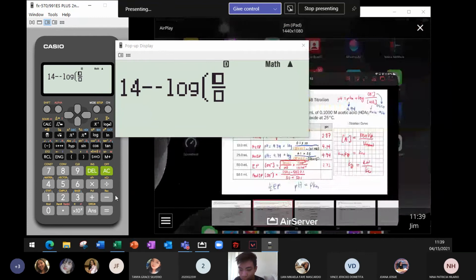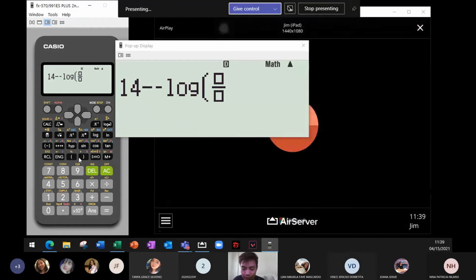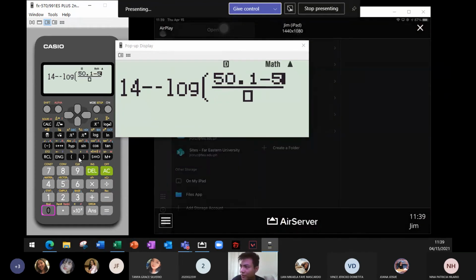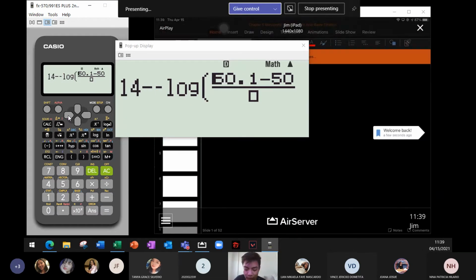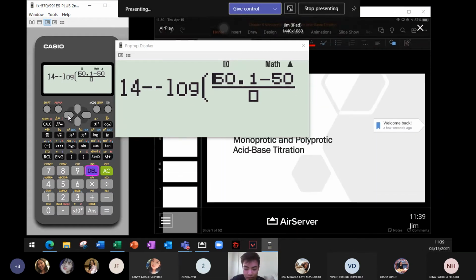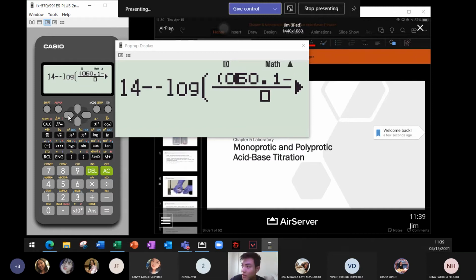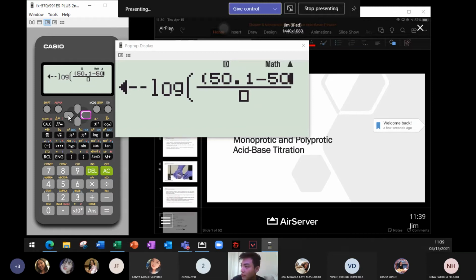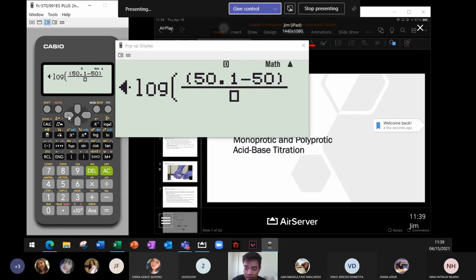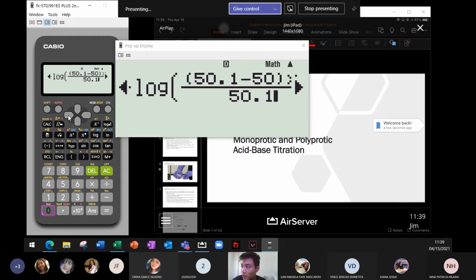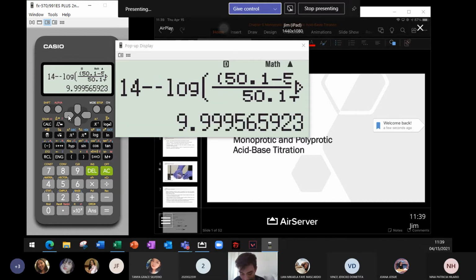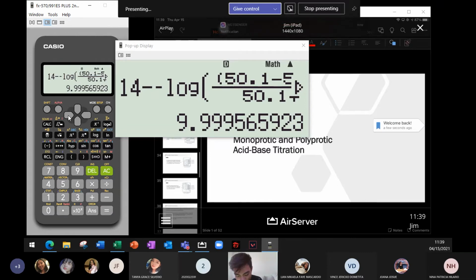Ano yun? 50.1 minus 50. Kulang ako ng fraction. Sorry. Gagamit tayo ng parenthesis kasi PEMDAS. Those parenthesis times 0.1 divided by V total, 50.1 plus 50. Yan yung pH ng solution. 9.999 something something.